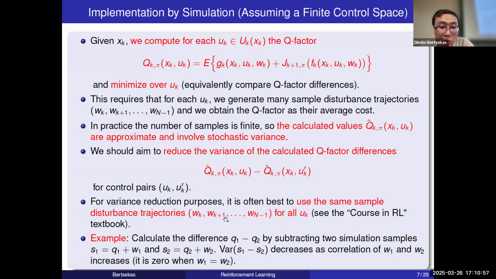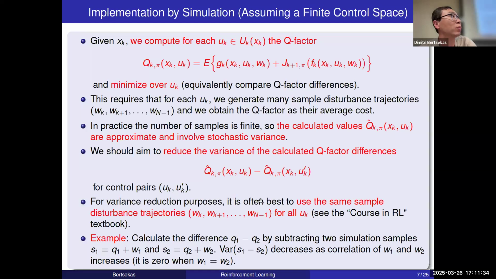And if WK plus 1 depends on the state, then we cannot use the same sample disturbance trajectory for different situations, right? In the extreme case, this WK plus 1 may be possible to generate in one XK plus 1, but totally impossible to be generated in the other case. So you cannot use the same sample disturbance trajectory for two different cases.